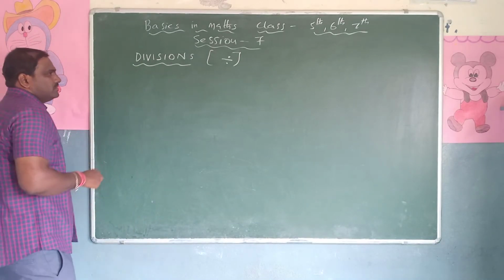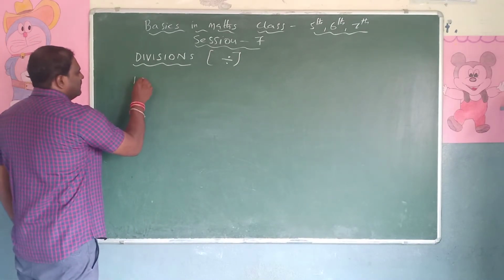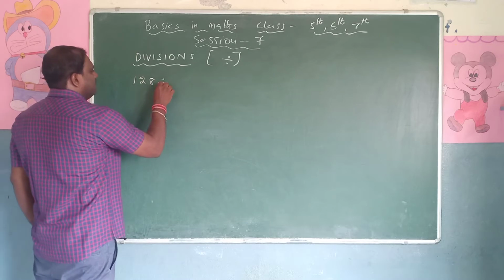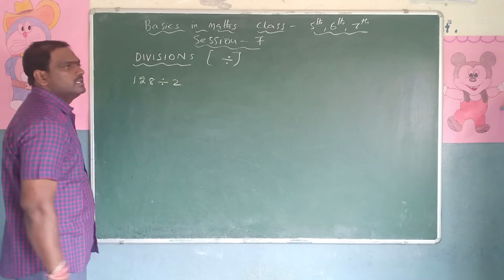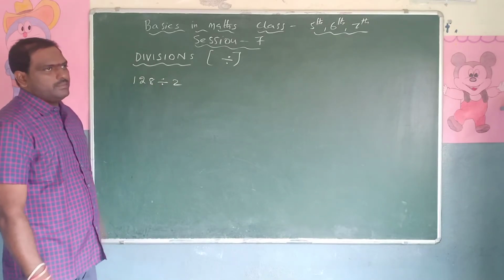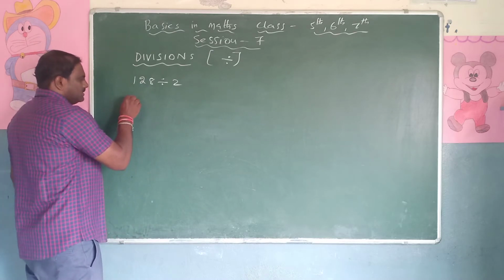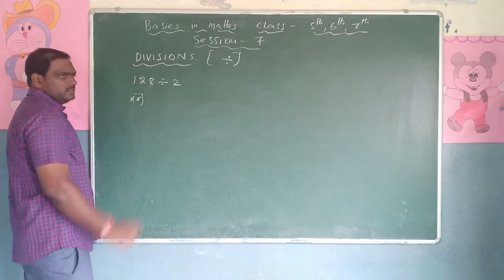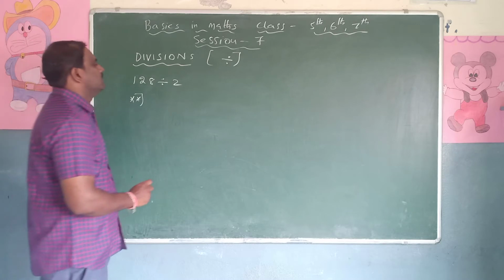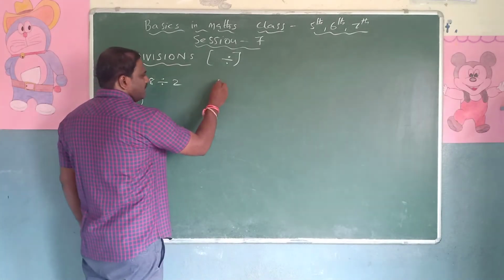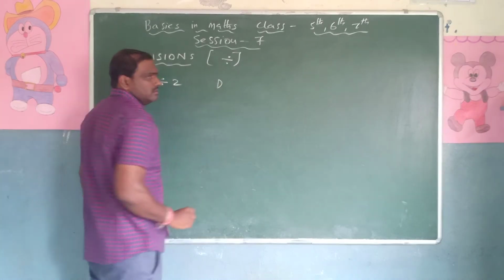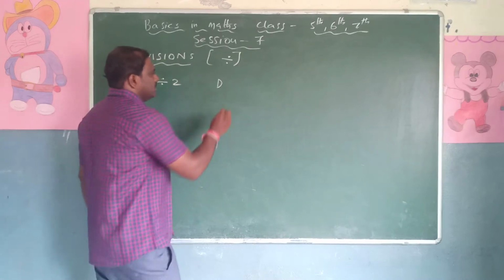Now, how to write? The question is 128 divided by 2. The basic question. First, there are important points you must remember. There will be 4 definitions you have to learn.